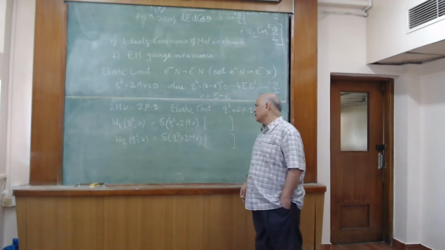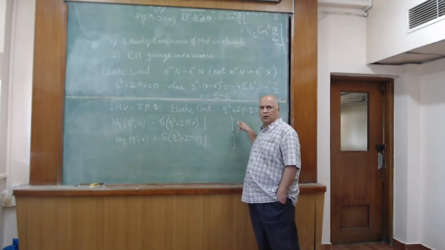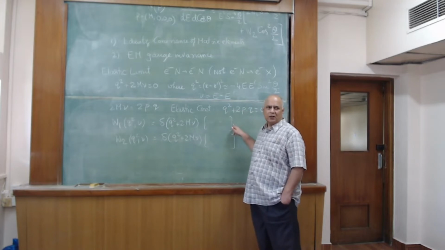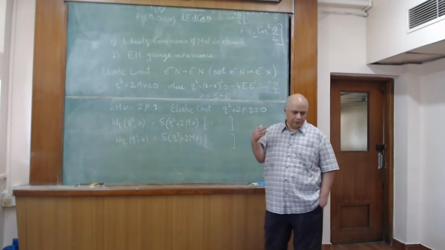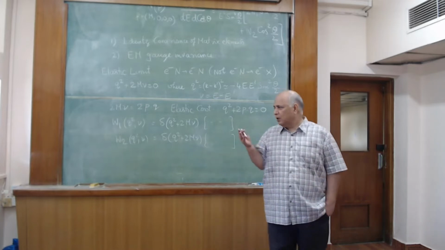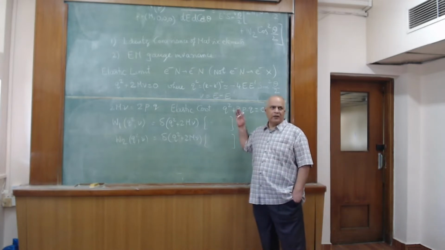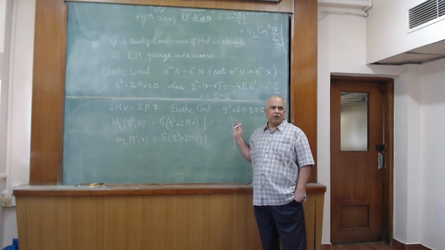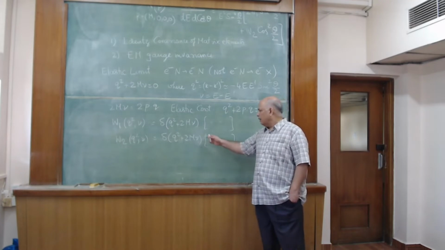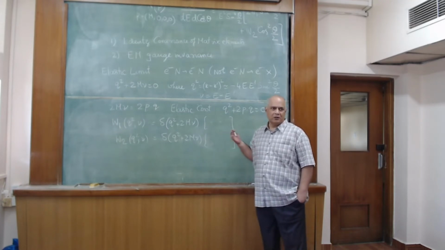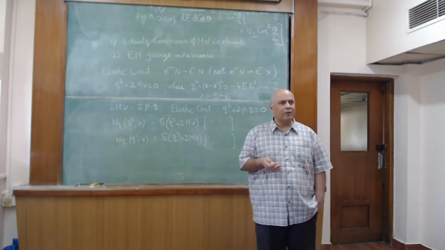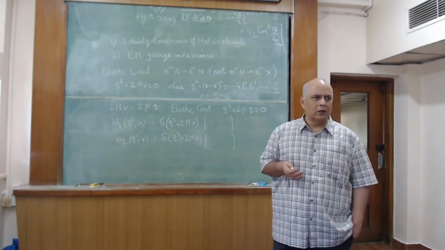And this I discussed in the last class. This quantity which occurs in the square brackets is a linear combination of the electric and magnetic form factors of the nucleon, and similarly this is a different linear combination of electric and magnetic form factors of the nucleon.